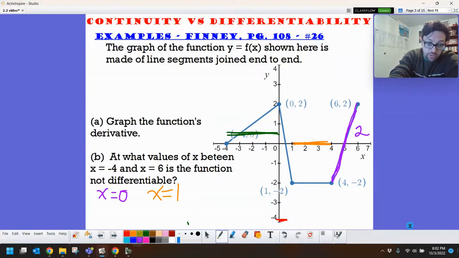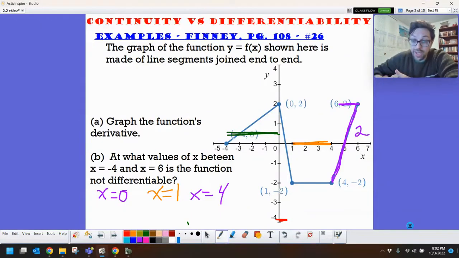That has got a slope of 2. That is all the way up here like a weirdo. That is not matching up with that orange line. The slopes on either side of 4 are not the same. So f is not differentiable at x equals 4. So while it is a totally continuous function, there are 3 points where we are not differentiable.